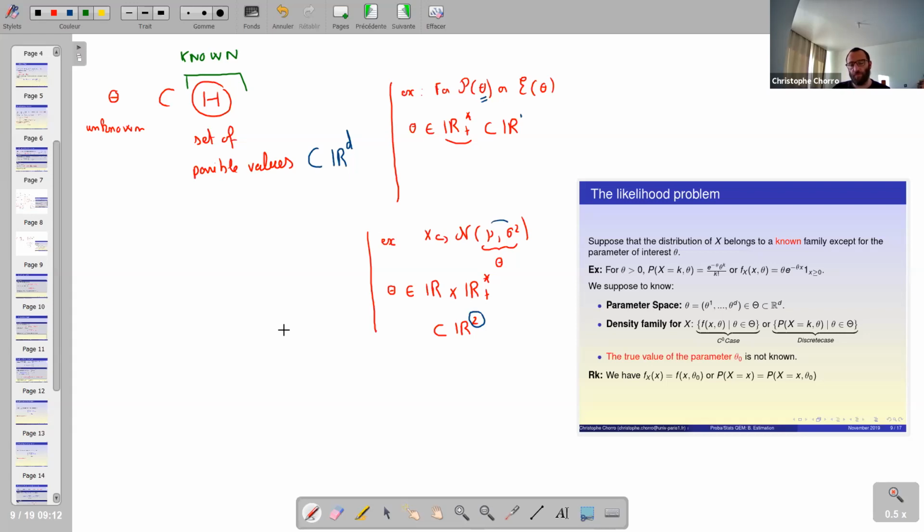What I know also is the set of distributions related to my problem. So it means that we know the family of the distribution.